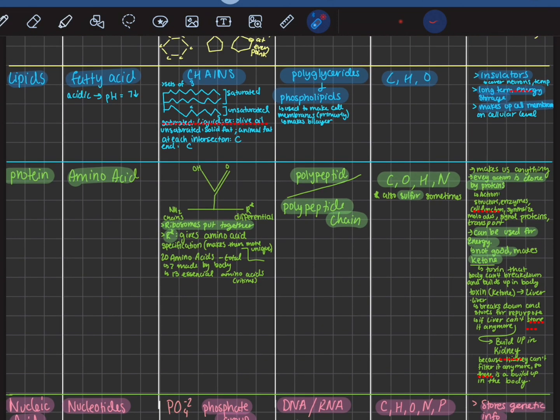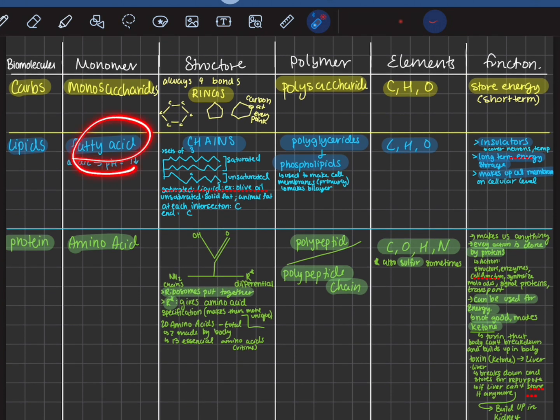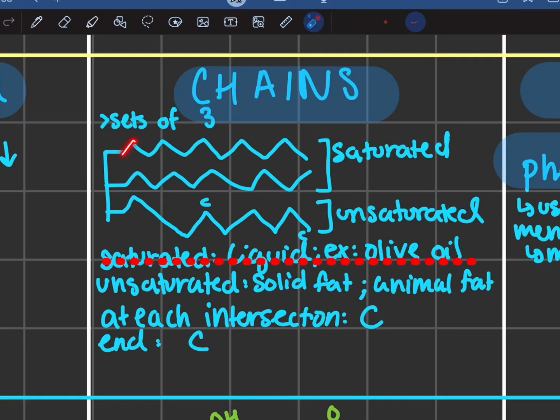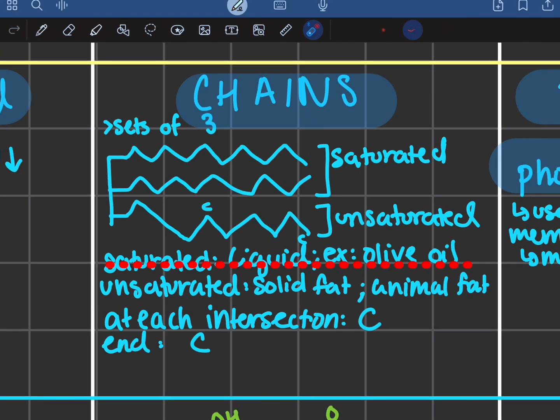Lipids are made of fatty acids, which is a monomer, and the structure of lipids is chains. So this is one chain, this is two chain, this is three chain. When the chains look normal to us like these, then they're saturated.